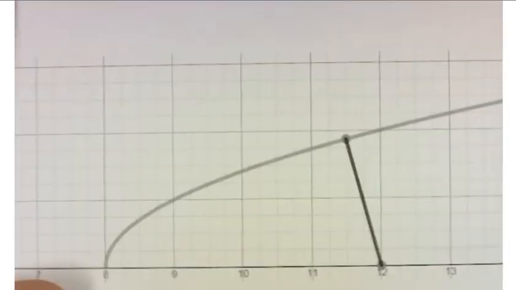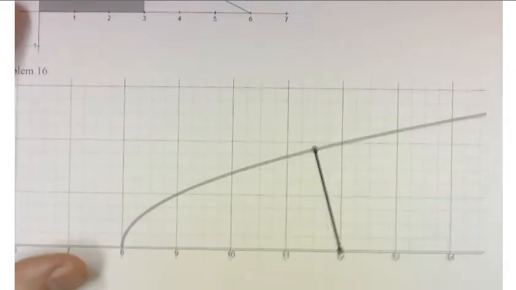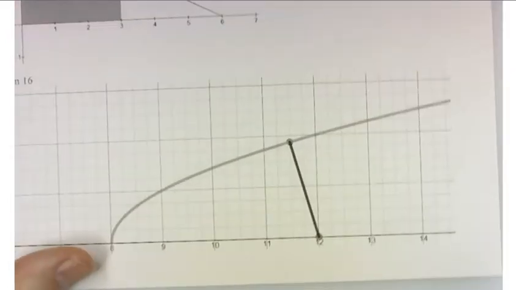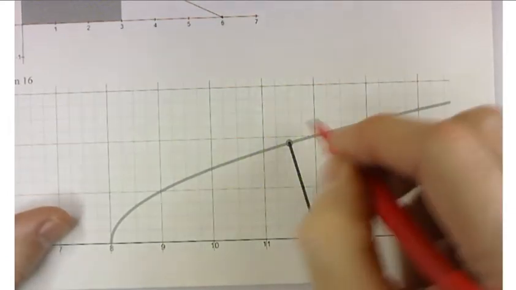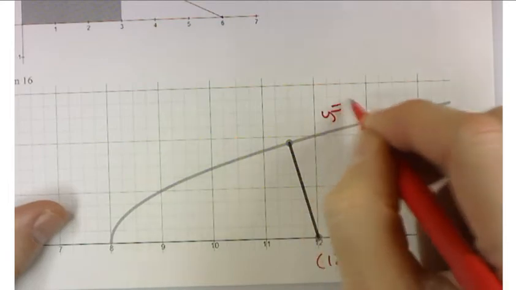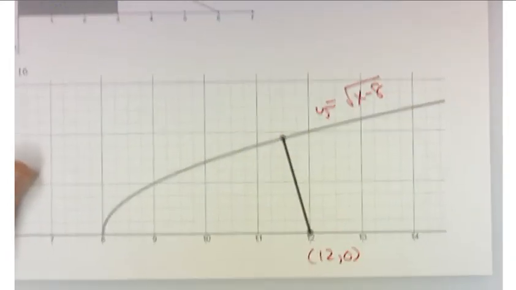So I'm just going to look at this and describe it based on the diagram. You've got a point here at 12 and 0, and this function is y equals the square root of x minus 8.